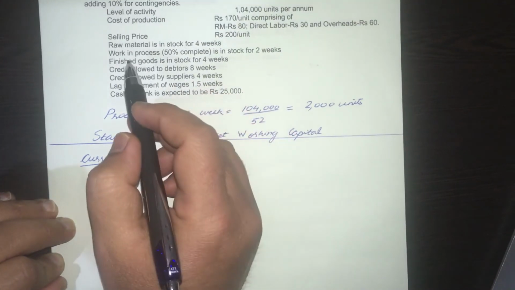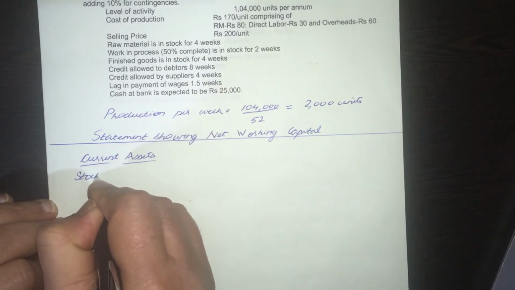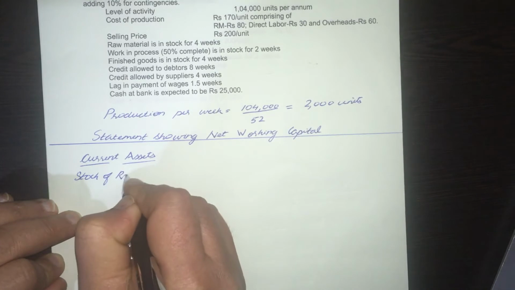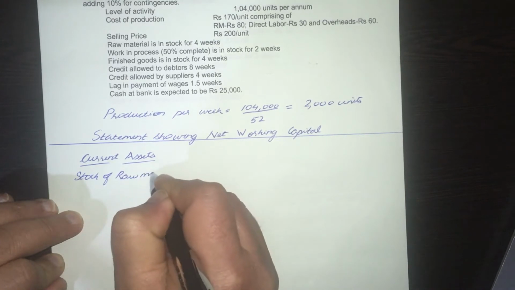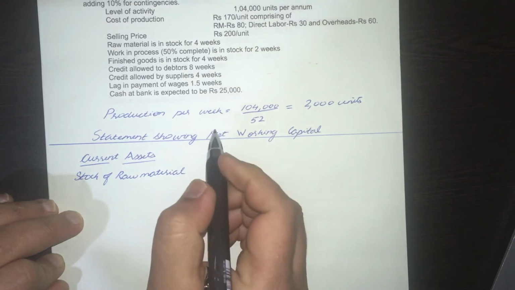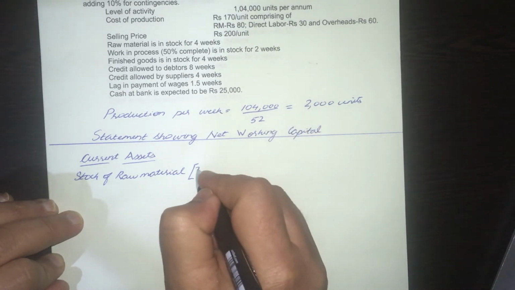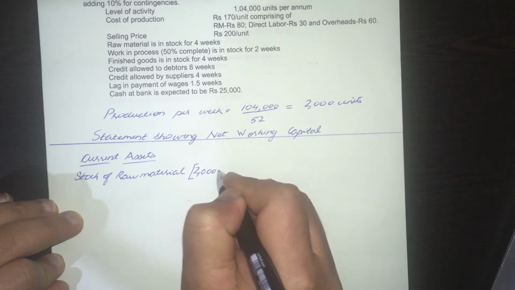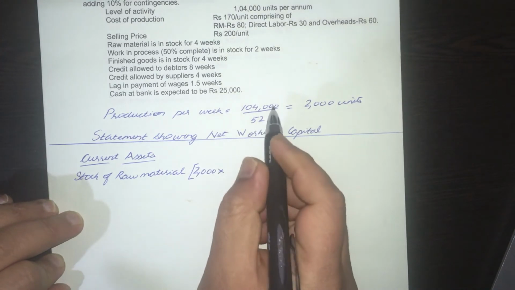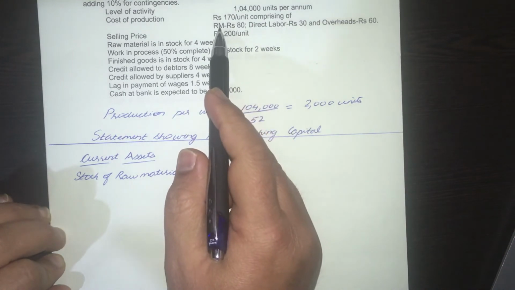So first thing is raw material, stock of raw material. So there are 2,000 units per week into, now what is the price of raw material?